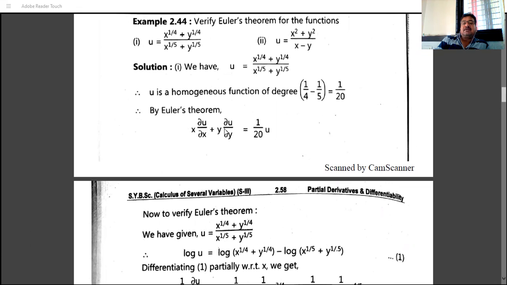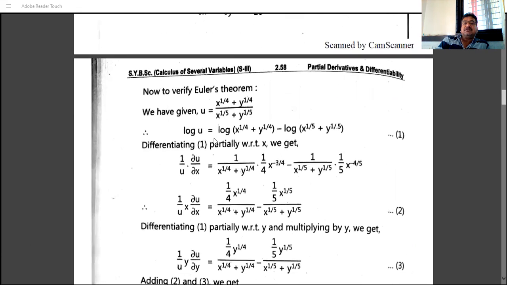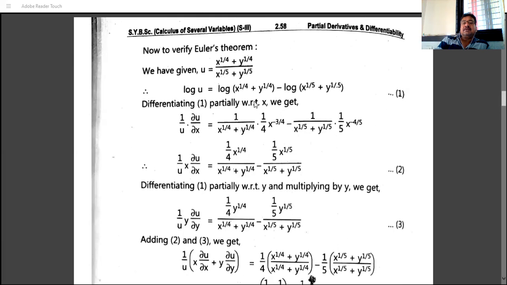finding ∂u/∂x, that is the partial derivative of this u with respect to x and y. So u is this function. In order to find the partial derivative of this function, this simplification is necessary. That is, take log of both sides, then log a by b is log a minus log b, and then differentiate with respect to x.